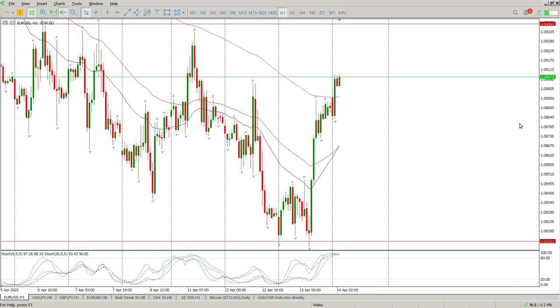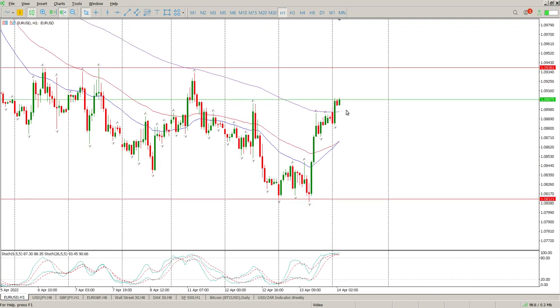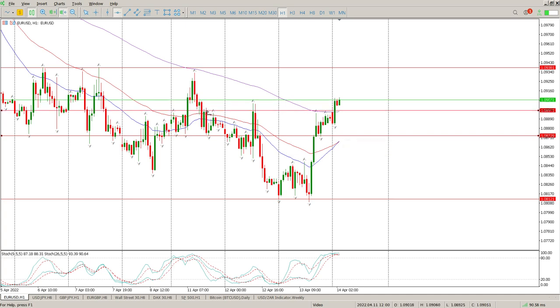At the moment, if we look at the hour, we have broken through the 155 EMA, and oscillators are grouped to the upside, so I would expect some kind of a pullback. The closest bit of structure is in this area here, and then you do have quite a bit going on between these two levels.